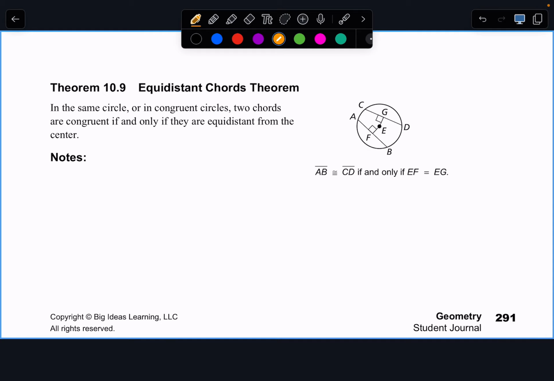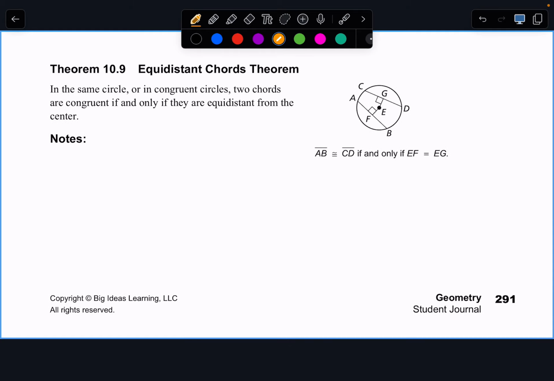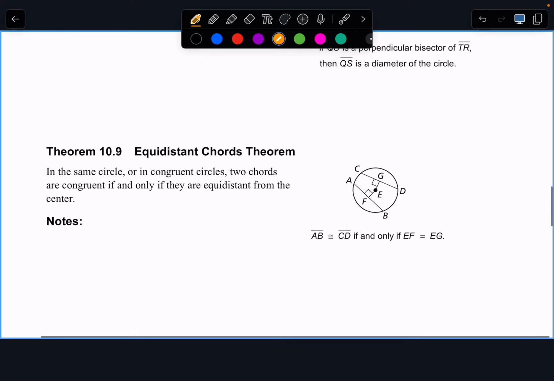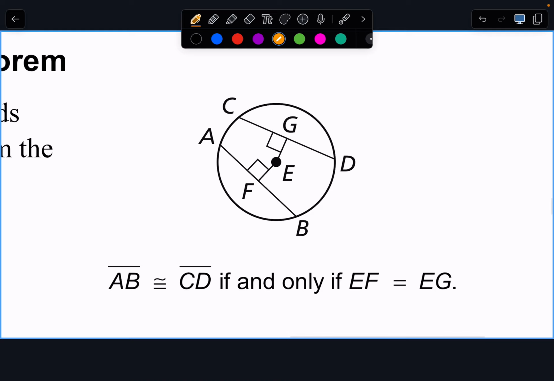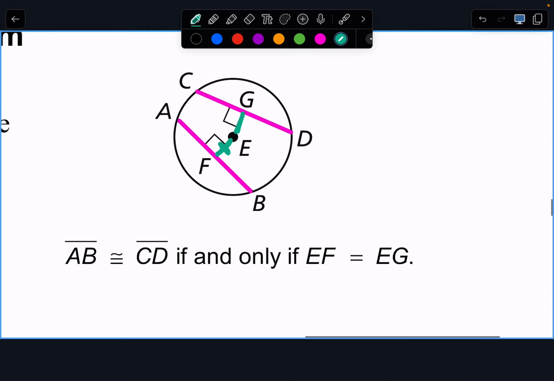All right. Our last theorem is about equidistant chords. In the same circle, or congruent circles, two chords are congruent if and only if they are equidistant from the center. So what this is saying is, if AB is the same length as CD, then these little pieces right here are the same, or vice versa.